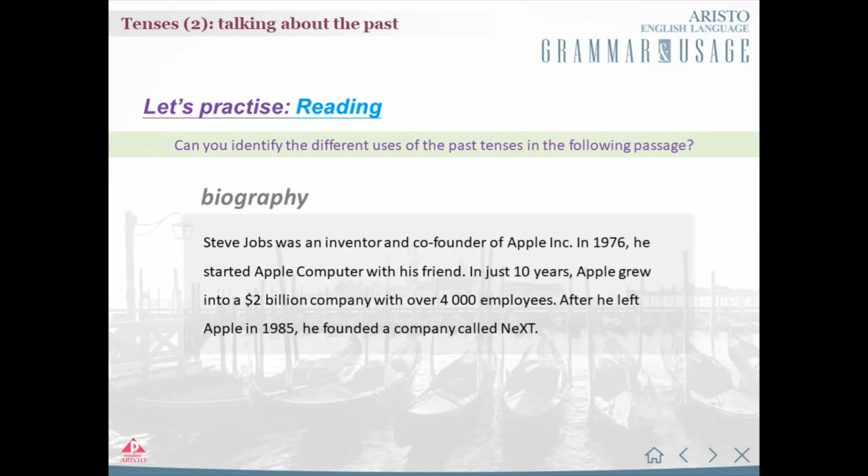The answers are now on the screen. They are was, started, grew, left, and founded. It wasn't difficult to identify them all, was it?